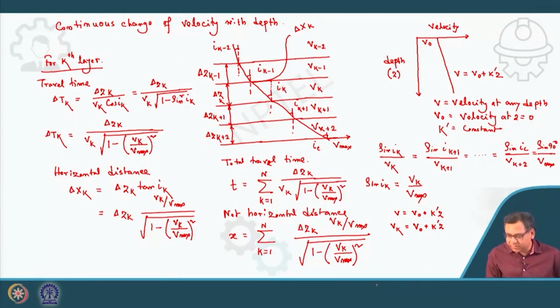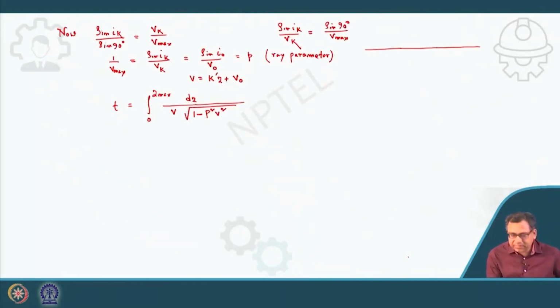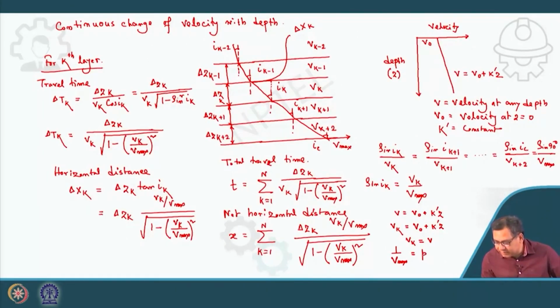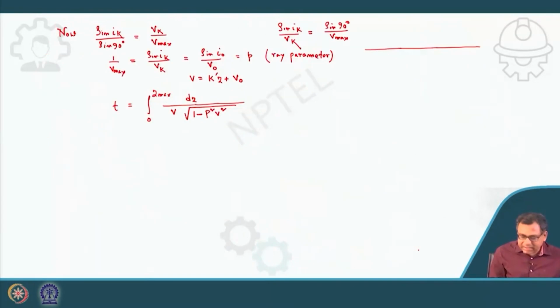So V_k is replaced by V, and similarly 1 by V_max is replaced by p. Now if you put it here, it will be V root over 1 minus V square into 1 by V_max, so it will be p square. That I have written here.